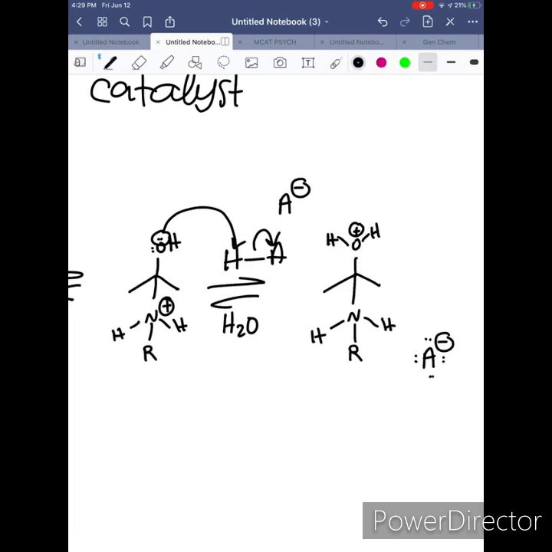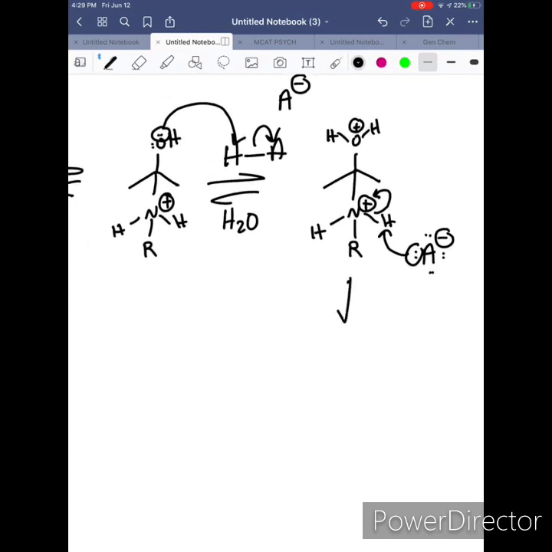Okay, this A minus has electrons that can capture this hydrogen from nitrogen because this is still positive. And then this will donate its electrons to nitrogen, right? Okay, let's move on to this next step.